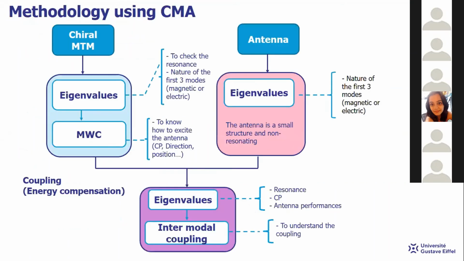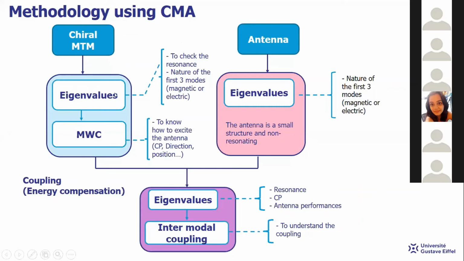So here I would like to propose the methodology used to achieve a CP antenna, an electrically small antenna with CP radiation. First of all, we will analyze the chiral metamaterial separately, and the antenna separately. Using CMA, we will solve the metrics given by CMA, eigenvalues and modal significance coefficient.